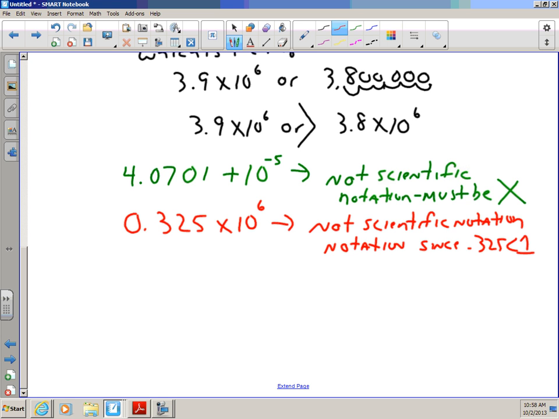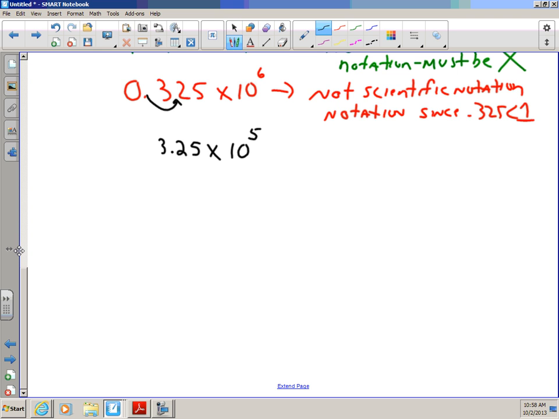Now, I can convert that to scientific notation by moving the decimal one place over to make it 3.25. And now, instead of 10 to the 6th, it becomes 10 to the 5th. I made this number larger. I need to make this number smaller by one decimal place.